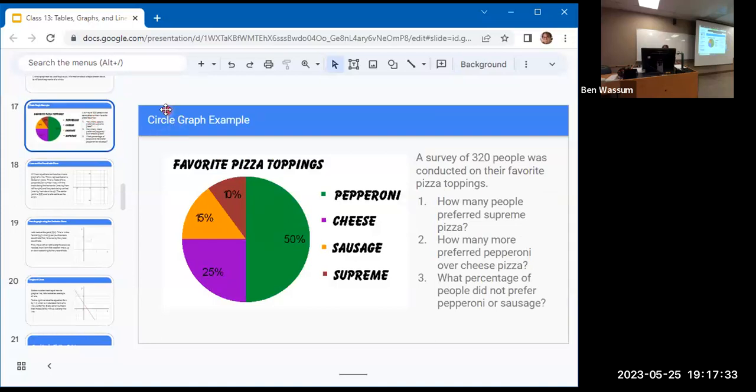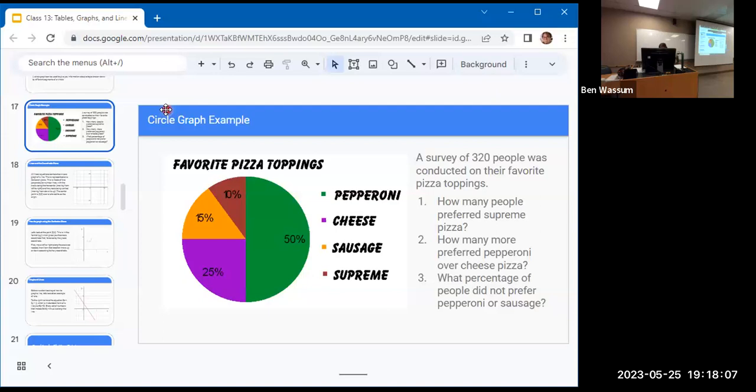So take this example. It says favorite pizza toppings. You have pepperoni, cheese, sausage, and supreme. And you can very clearly see, okay, there's different colored levels for everything, and it gives you a general idea of the breakdown. So question-wise, it says a survey of 320 people was conducted.